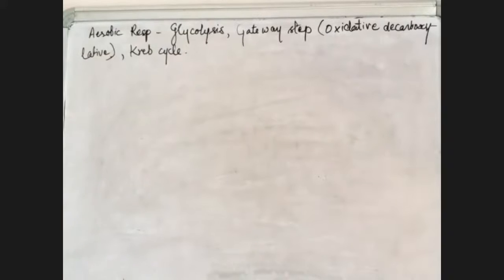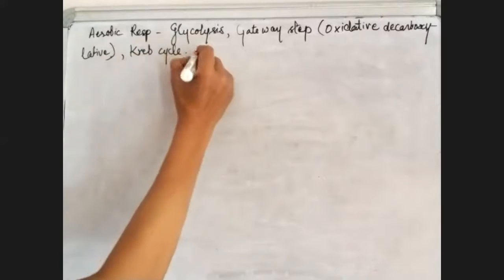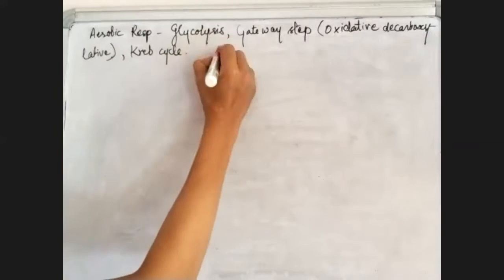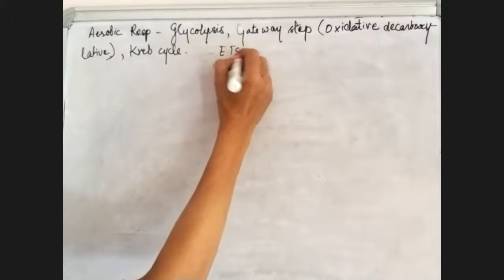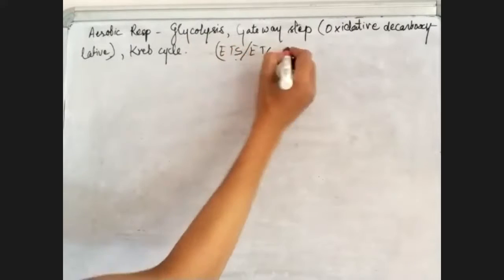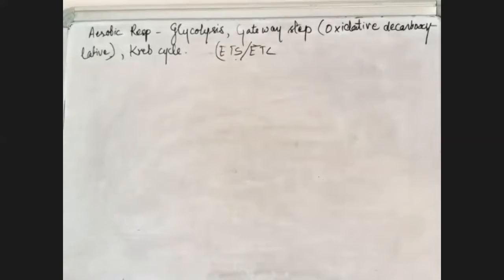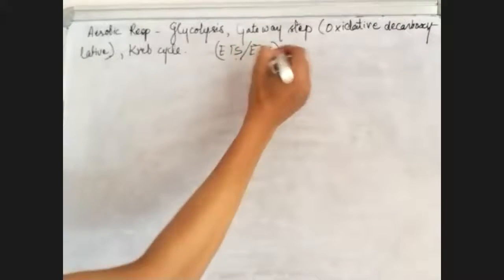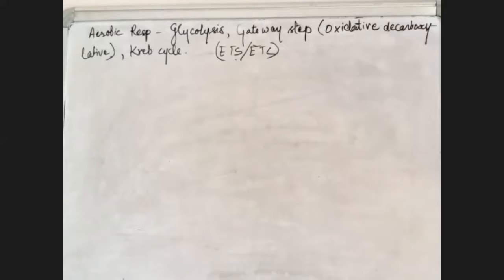Because in the last one which we just did yesterday, ETS or ETC, whatever you can say, no ATPs are formed. This is just how NADH2 is broken down to develop a proton gradient. So this is not included when we count the number of ATPs produced.